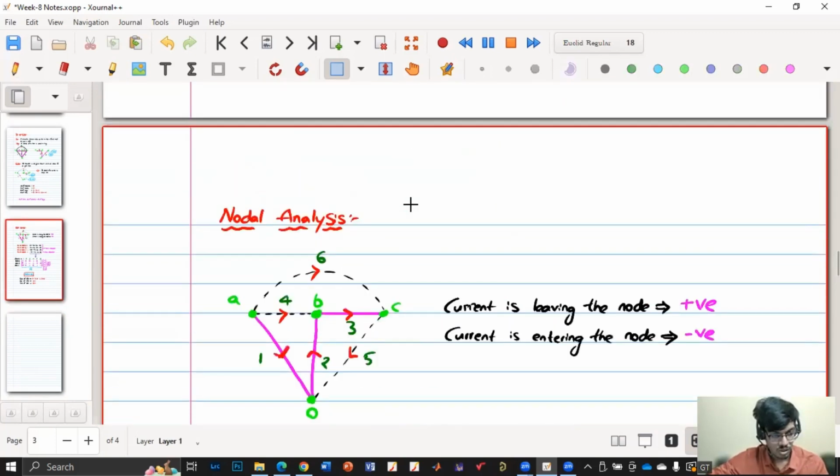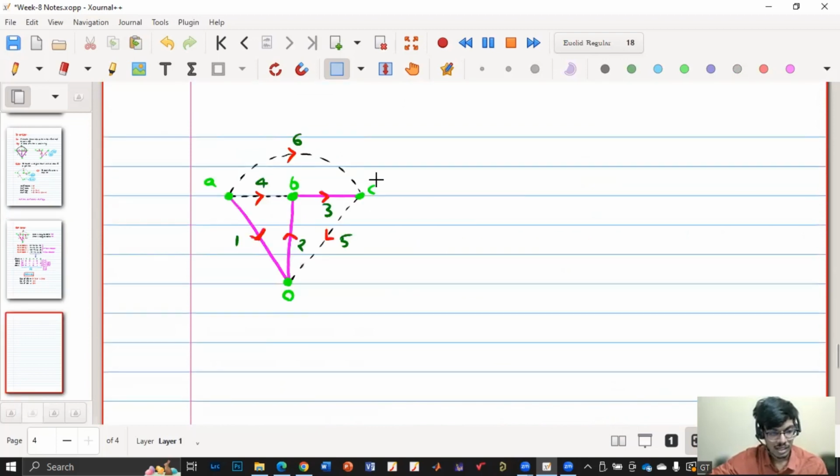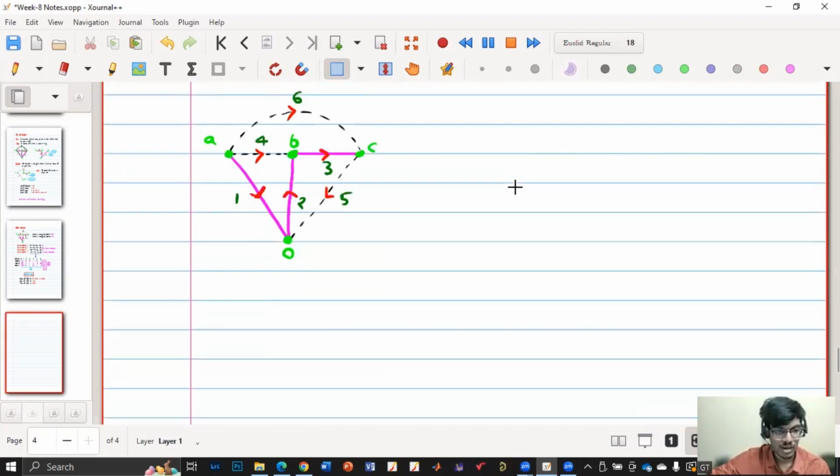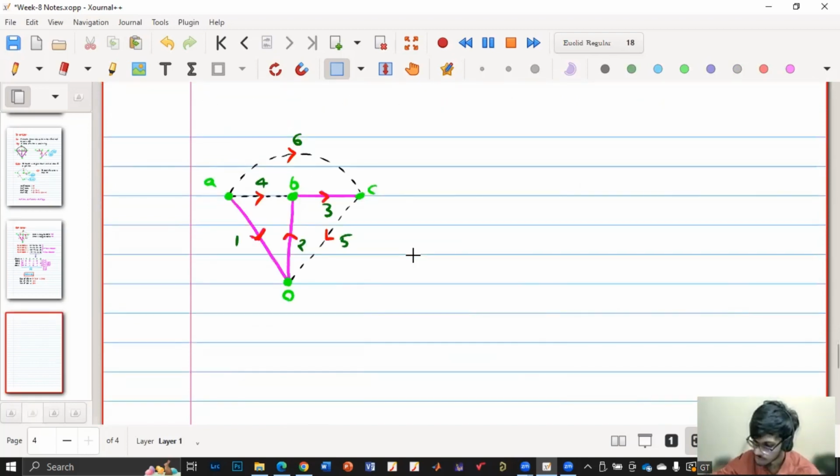For each analysis, nodal analysis, mesh analysis, as well as cut set theory, there are two parts. In the first part, we'll get the matrix, and in the second part, we'll get the transpose of the matrix. So we'll get two equations in each of these analyses. Now we'll express the element voltages in terms of node voltages.